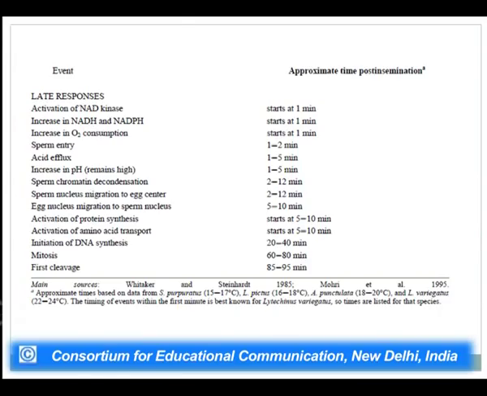Because the nuclear membrane of the sperm vesiculates, it basically becomes open, and the highly condensed sperm genetic content then becomes decondensed because the proteins which caused this condensation of the sperm genetic content are exchanged by the proteins from the egg cytoplasm.